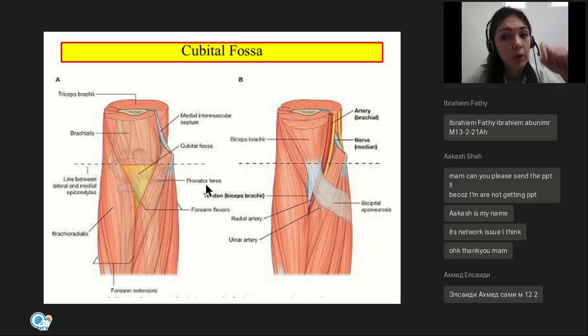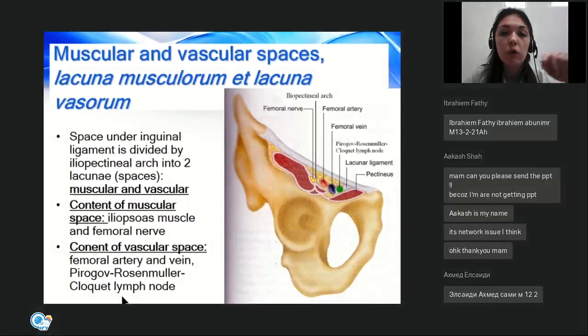And here actually very many vessels and nerves pass. It is a place where the brachial artery is divided into ulnar and radial arteries, and where the median nerve passes, yes, and so very many structures pass through the cubital fossa. And it is also a place where anastomosis between superficial veins of the forearm takes place, between the cephalic and basilic veins, yes. So the cubital fossa you also have to know very well.